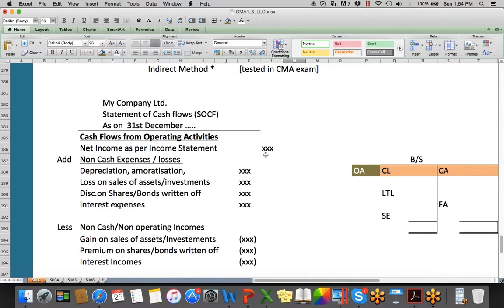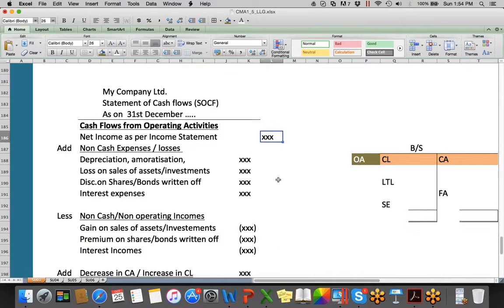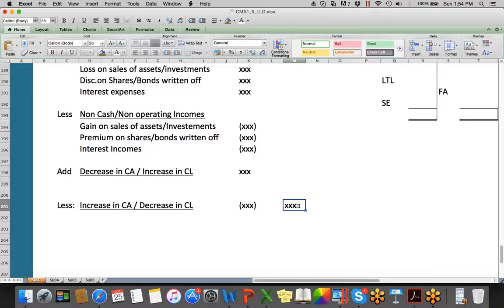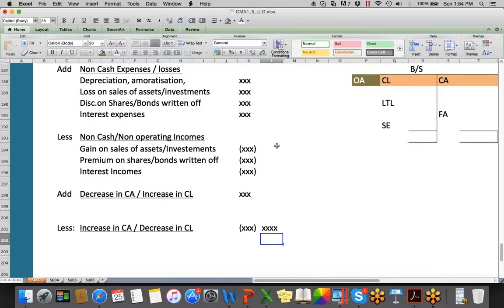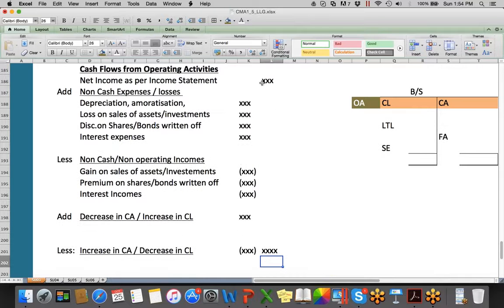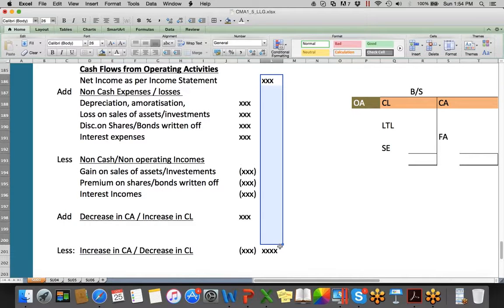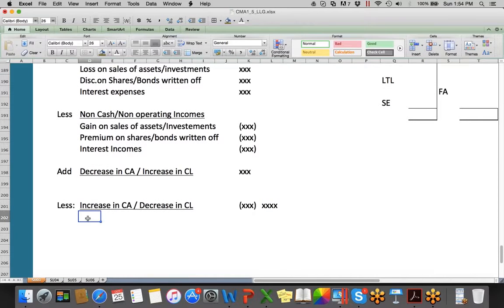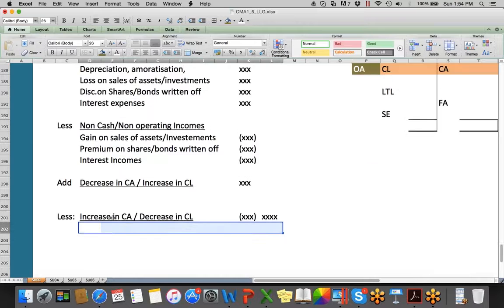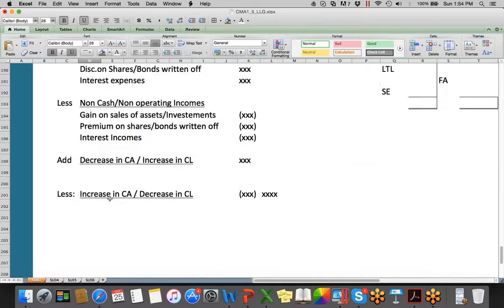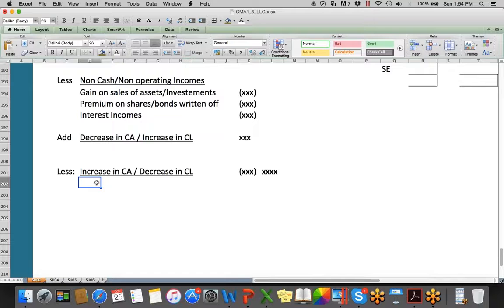Okay, so add all these amounts combined here. When you add these amounts to your net income on the top, you will get cash flows from operating activities.